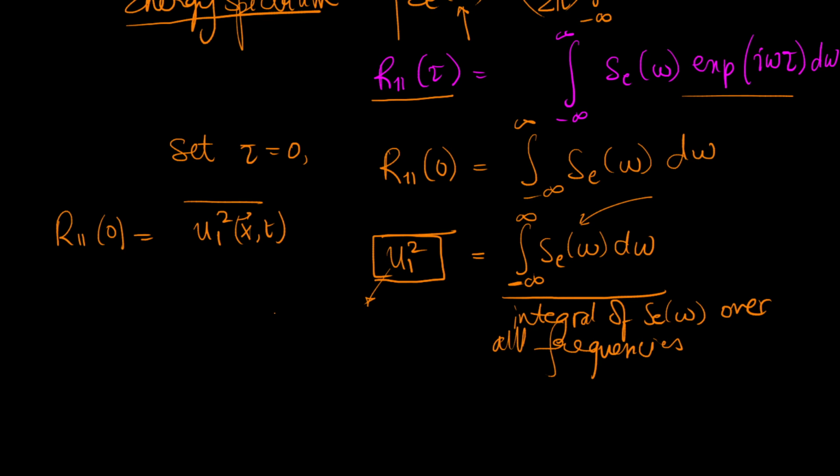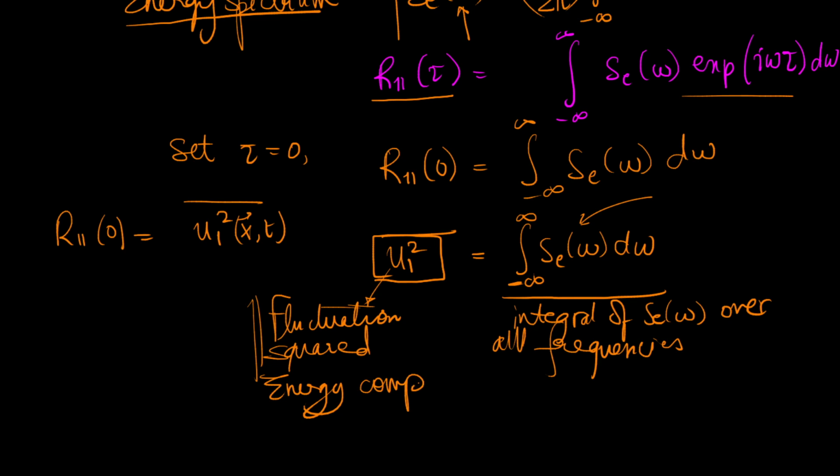So this is giving us the fluctuation squared, and the fluctuation squared is nothing but the energy content of that fluctuating component, and that is why it is called an energy spectrum.